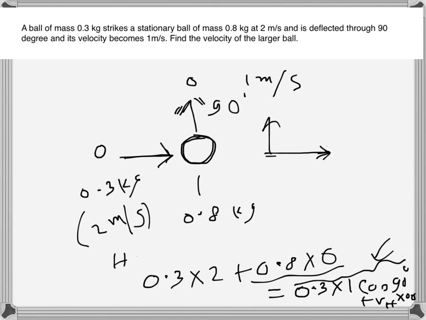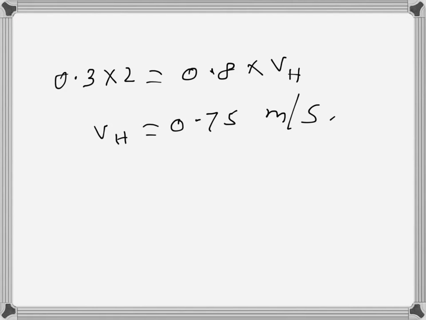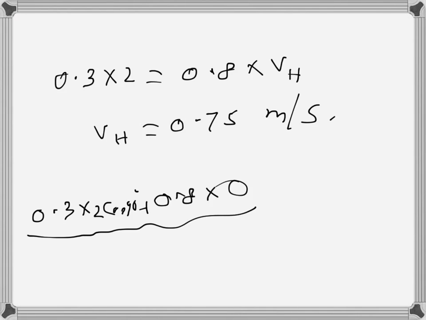Before the collision, the second ball is stationary anyway, so that will be 0.8 times 0, and the first ball has no component in that direction, so it is actually 0.3 times 2 cos 90 degrees. That means this whole part is 0. We can directly write 0. So this is the momentum in the vertical direction before the collision.